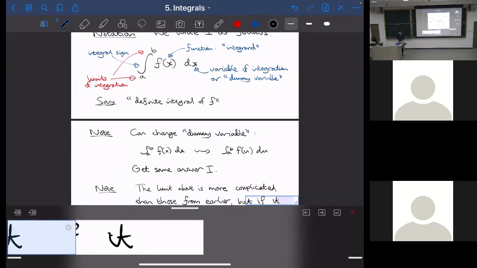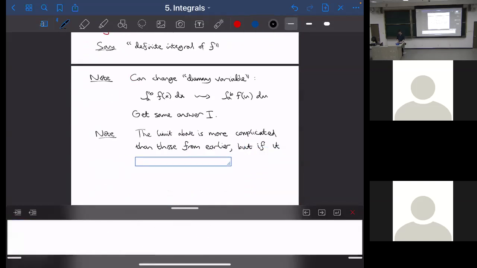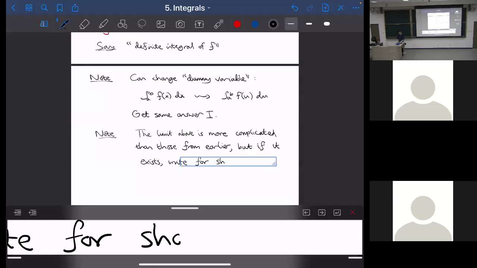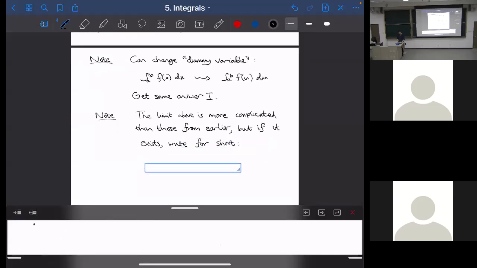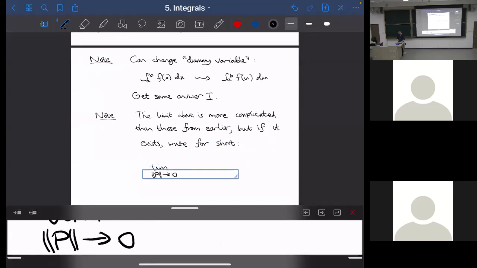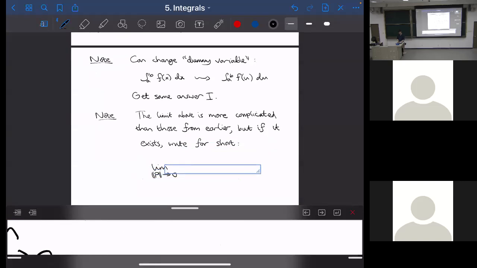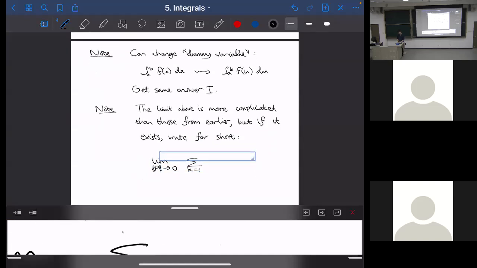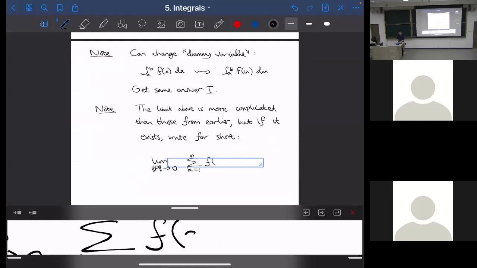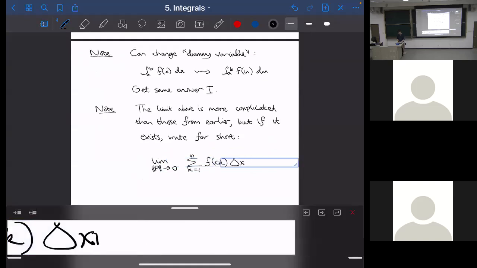But if it exists, we write for short that the limit, as the size of the partitions goes to 0, of the Riemann sums, so these are the Riemann sums, equals I.